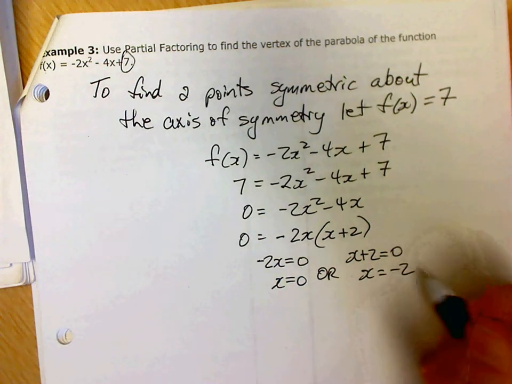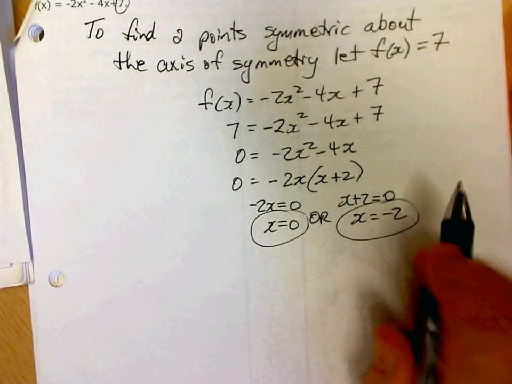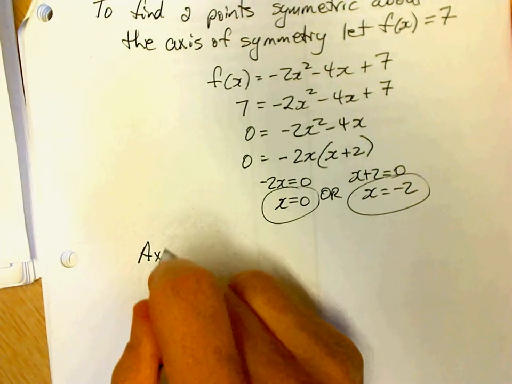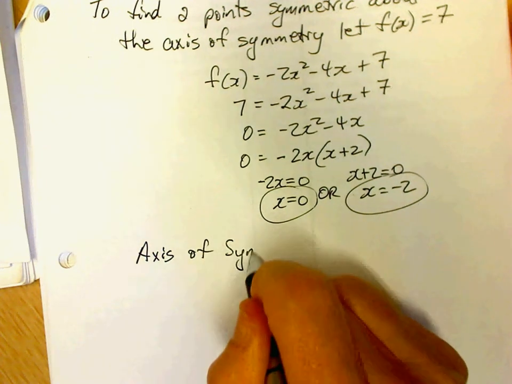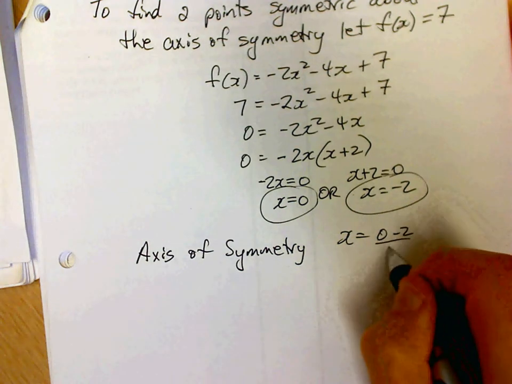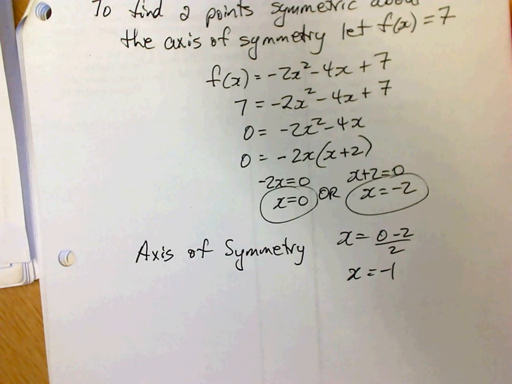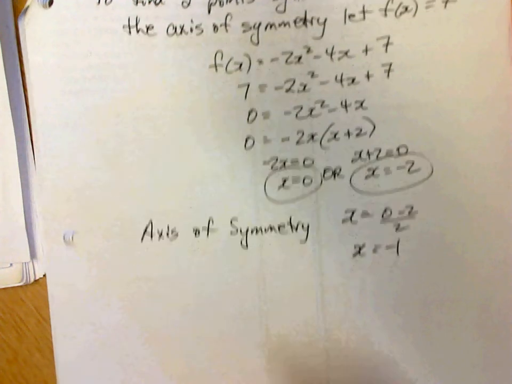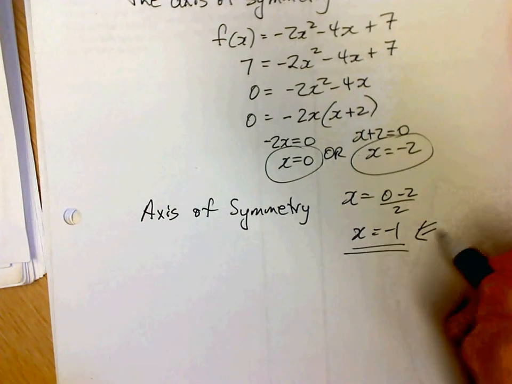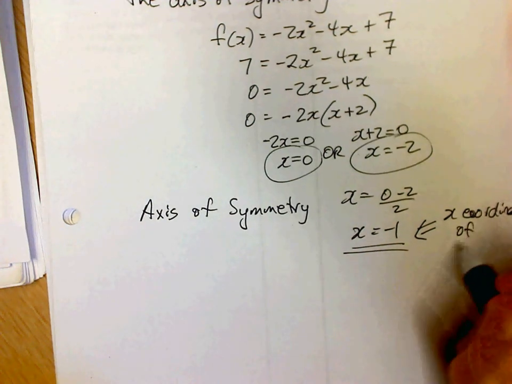So now we average these to find the axis of symmetry. So we have this is the x coordinate of the vertex, right? So now we find the y coordinate.